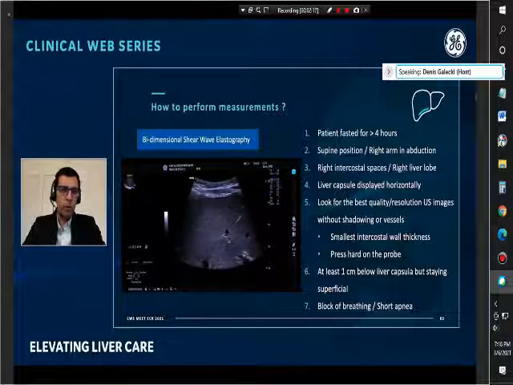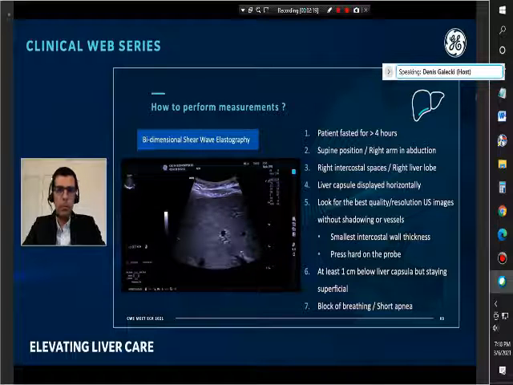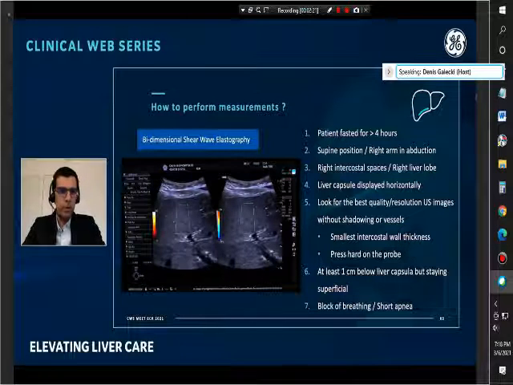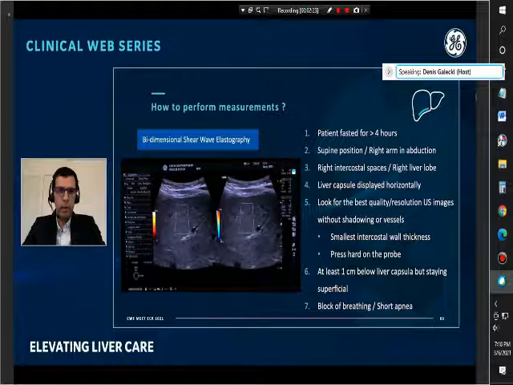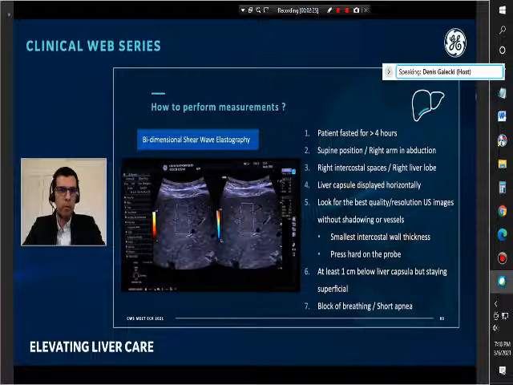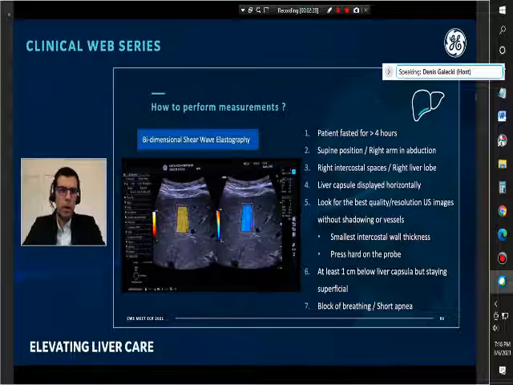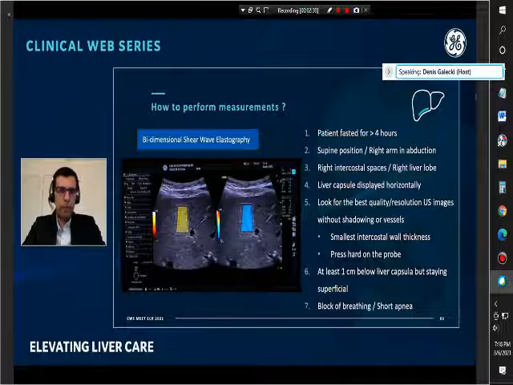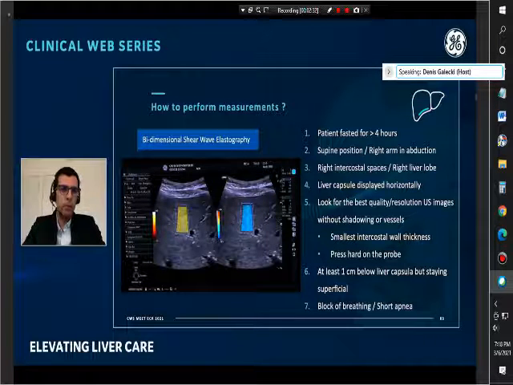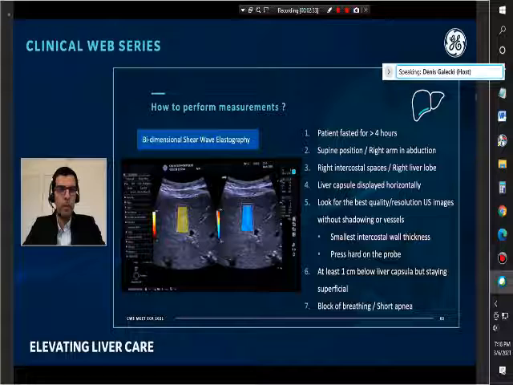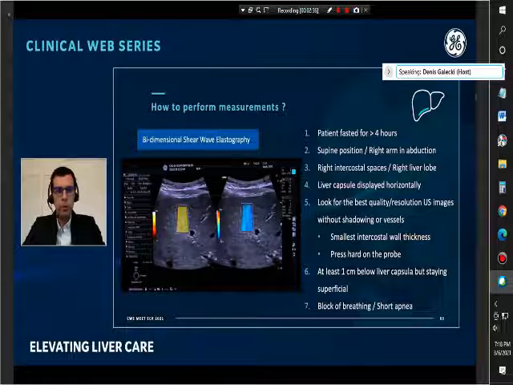First question is how to perform measurements. All these conditions on the right of the screen have to be met when you perform liver stiffness measurement. Patient should be fasting, lying in a supine position with the right arm in abduction to enlarge the right intercostal space.